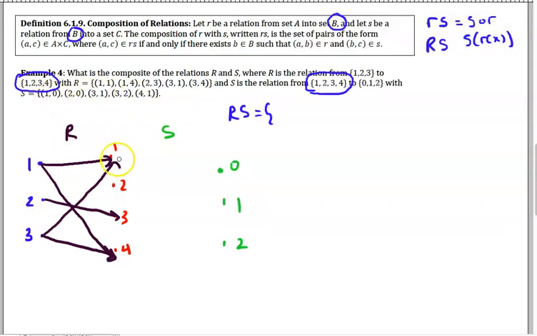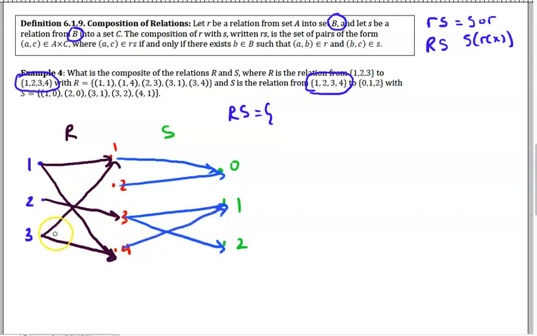So S says that 1 goes to 0, and 2 goes to 0, and 3 goes to 1, and 3 goes to 2, and 4 goes to 1. Okay, so when I'm doing the composition of this, I'm basically going from the input 1, 2, 3 to the output 0, 1, 2, connecting these through that set 1, 2, 3, 4.